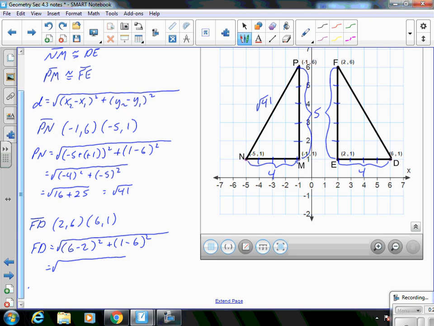So 6 minus 2 squared is going to be 4 squared. 1 minus 6 is -5 squared. And 4 squared is 16. -5 squared, once again, is 25. And so we got the square root of 16 plus 25, which is also the square root of 41.